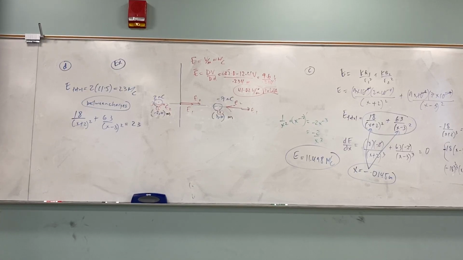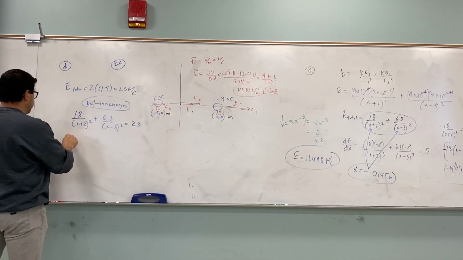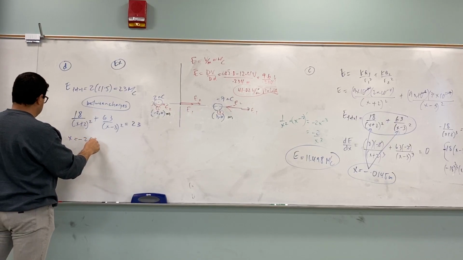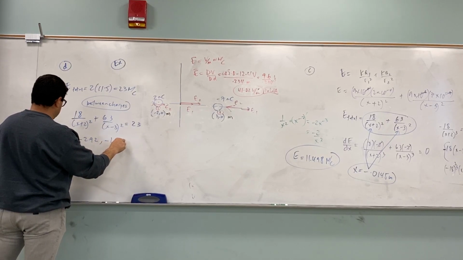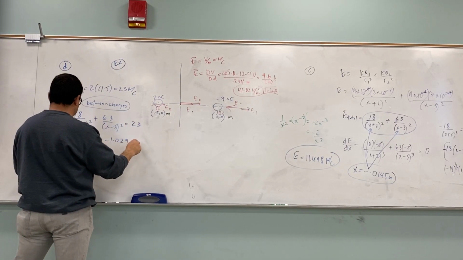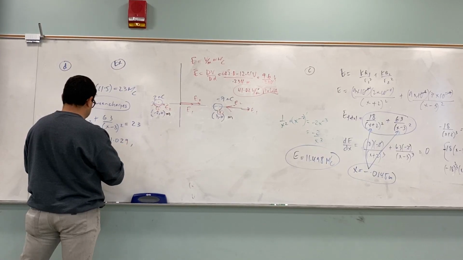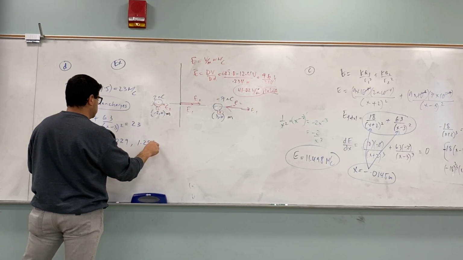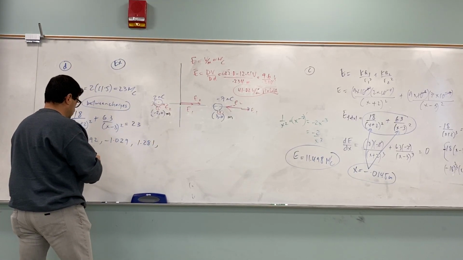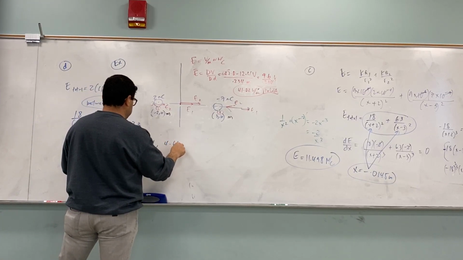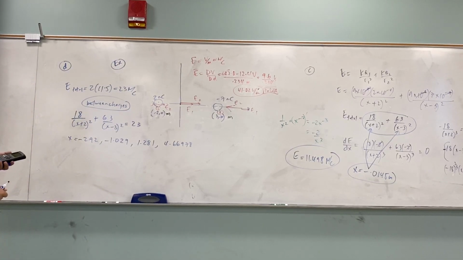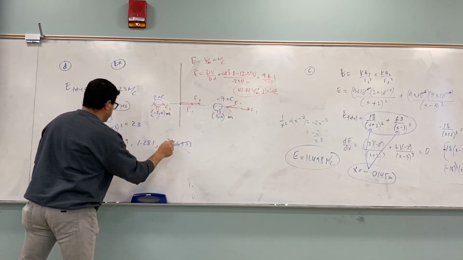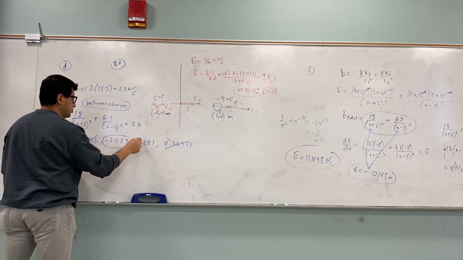Oh, the TI-89 gives you 4 answers. So it gives you all 4 at the same time, but this one and this one you have to reject and just accept these 2.